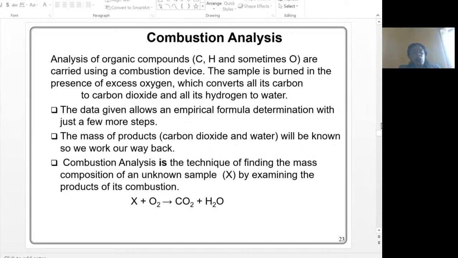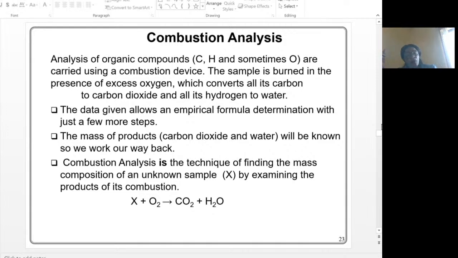So the data given allows an empirical formula determination with just a few more steps. What you get are the masses, because each time you burn an organic compound, it will give you carbon dioxide and water. So you have the products. So the mass of the products, which is carbon dioxide and water, will be known. So we work our way backwards for you to know the mass of that unknown compound.